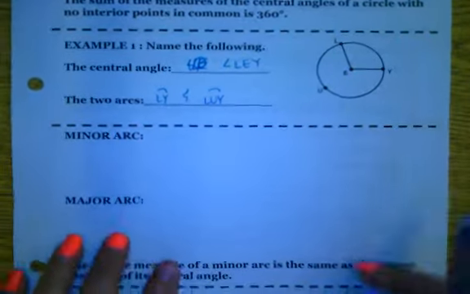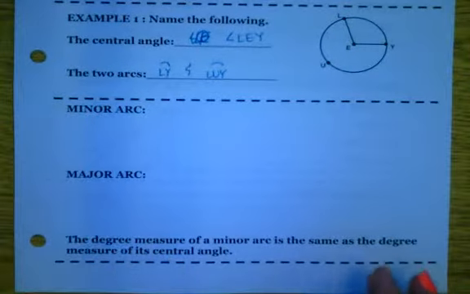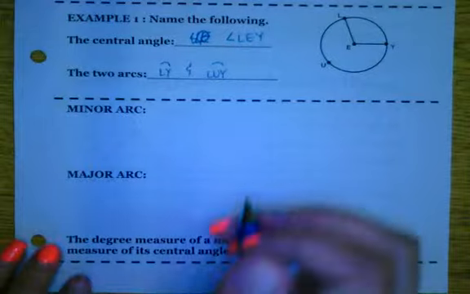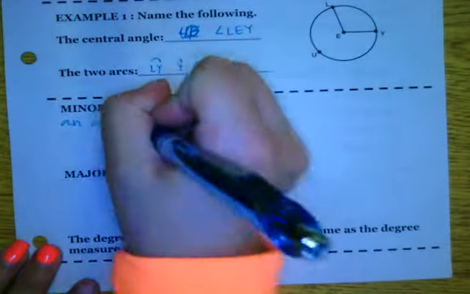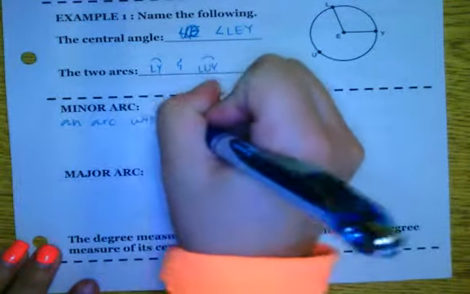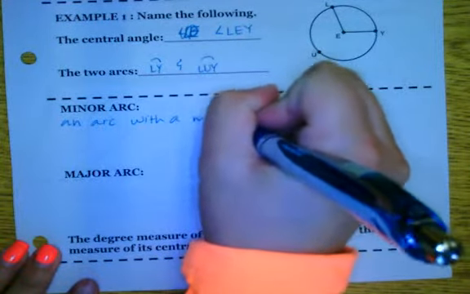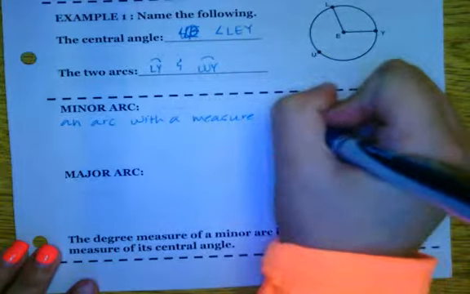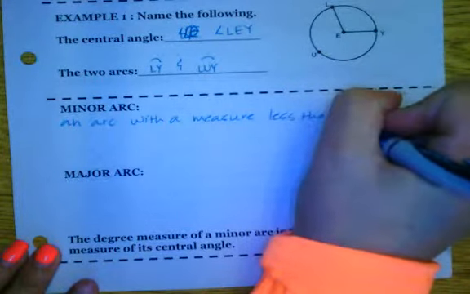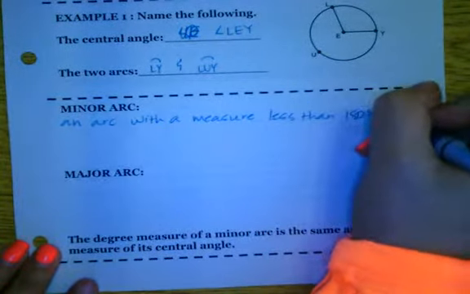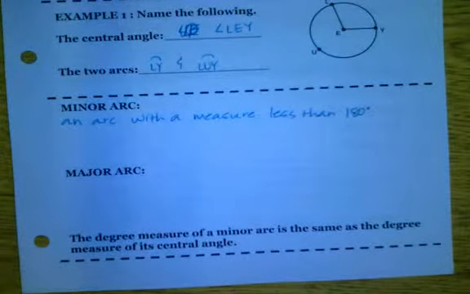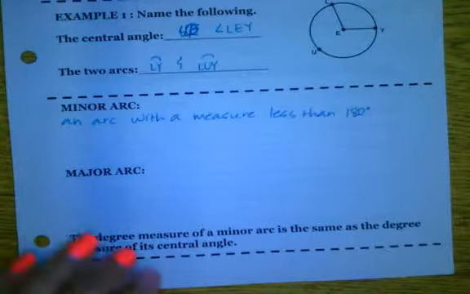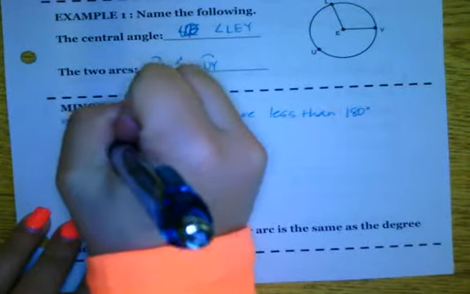Okay, so to revisit our definitions, a minor arc is what? Very good. An arc with a measure less than 180 degrees, and it is named by 2 endpoints.